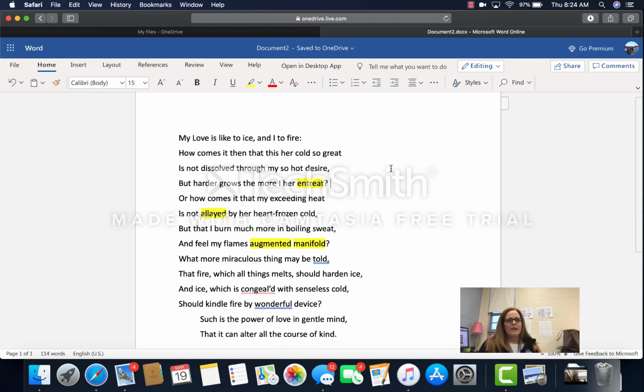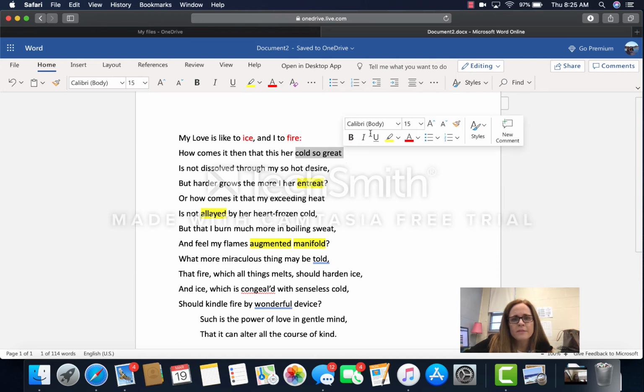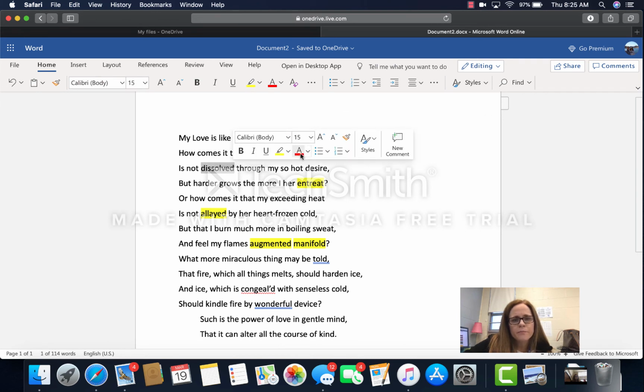Okay, if we look at some of the words that the author used, we get a sense of tone. Remember, tone is how the author or the speaker feels about the subject. So when we go back in and look at the poem, we see words such as ice, fire, cold, so great, dissolved, entreat.